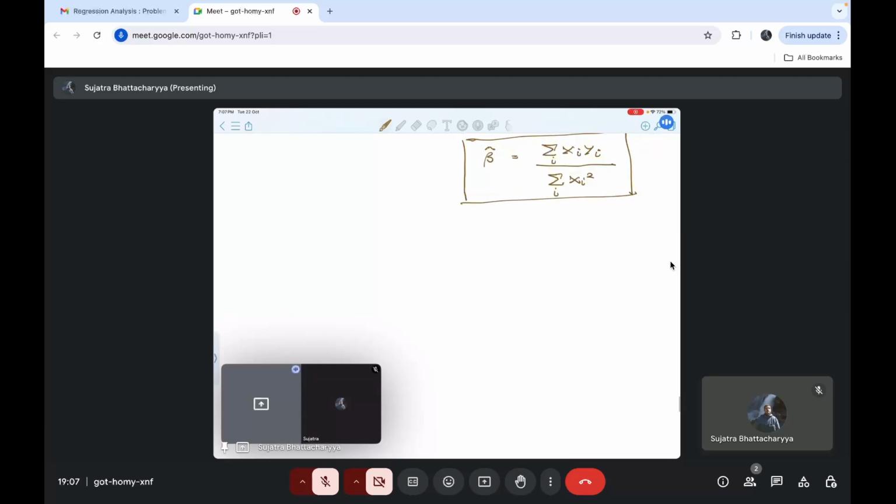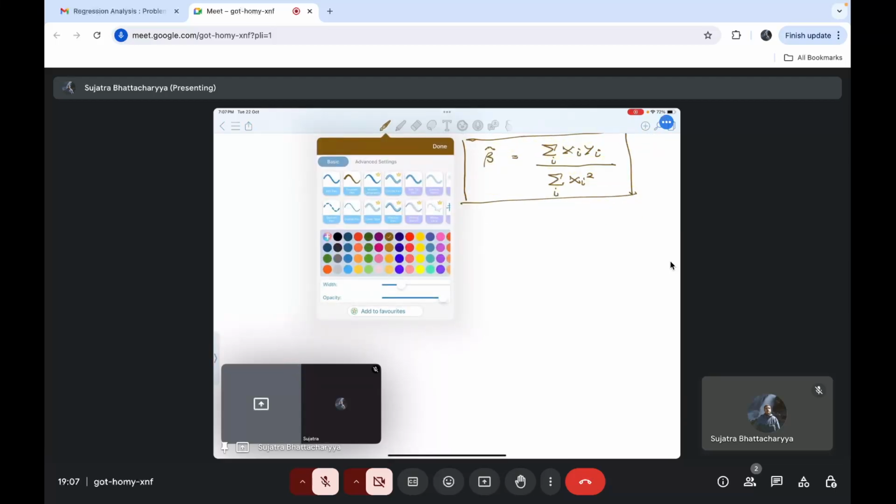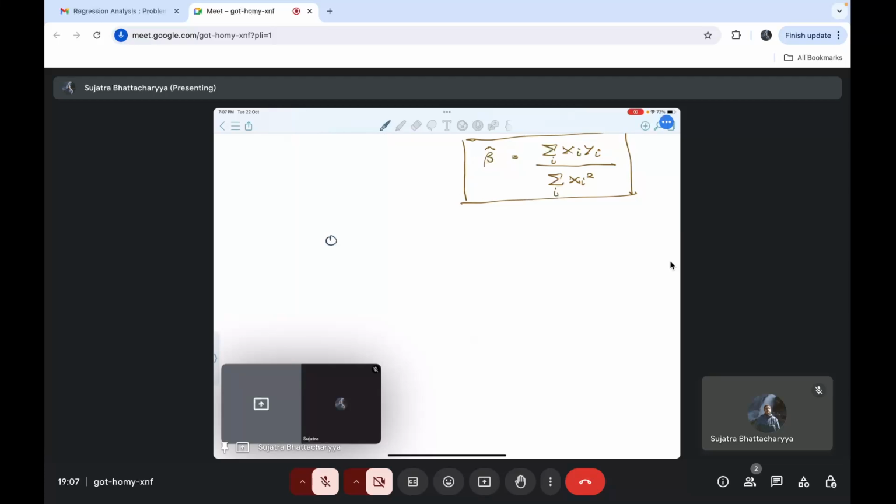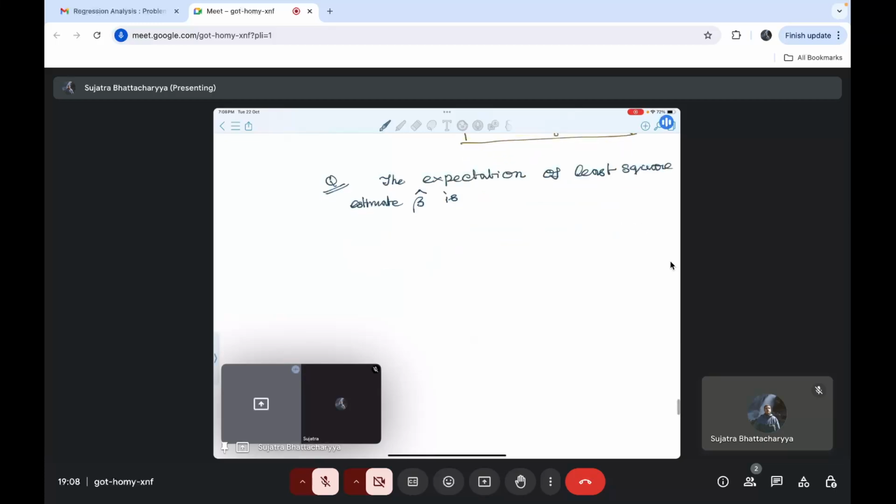Next question: the expectation of the least square estimate of beta, or beta hat, is? So how will you do it?